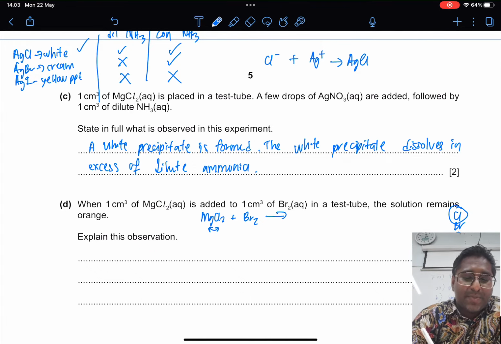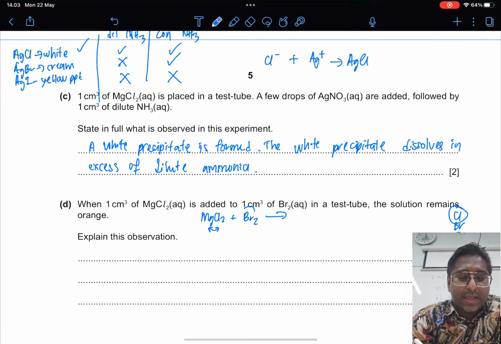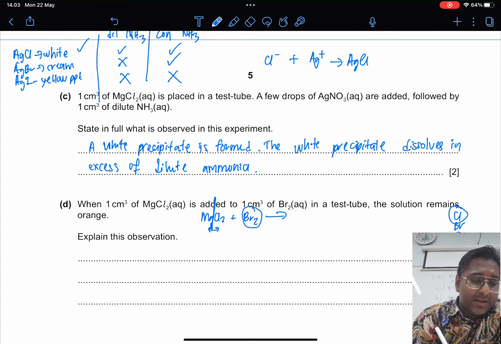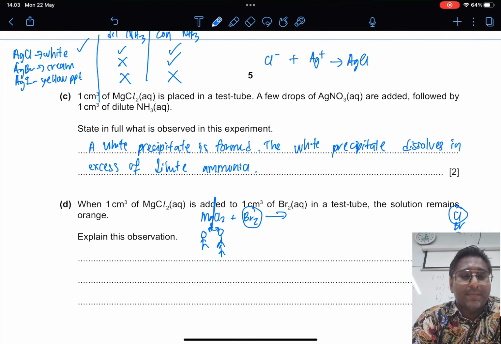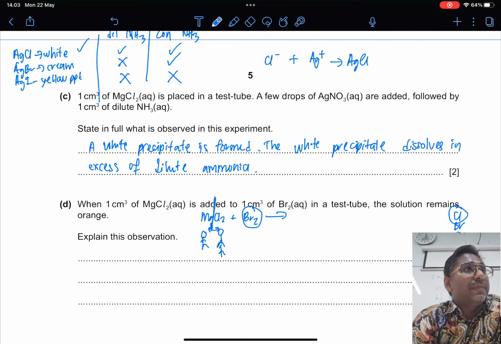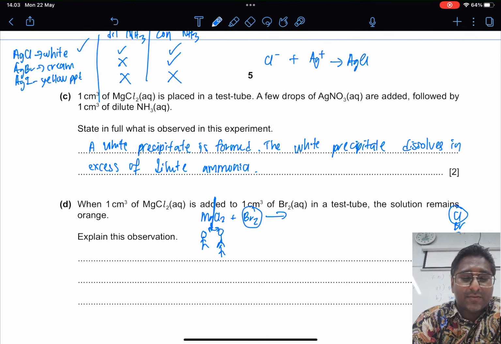So Br2 cannot displace these two, the couple, like a boy and a girl. So they will remain as Br2 and MgCl2. It means there is no reaction.